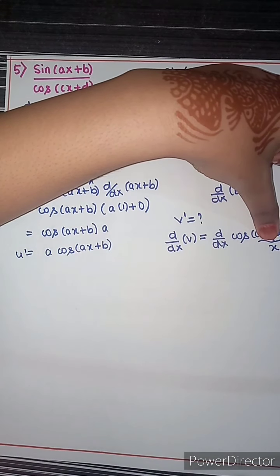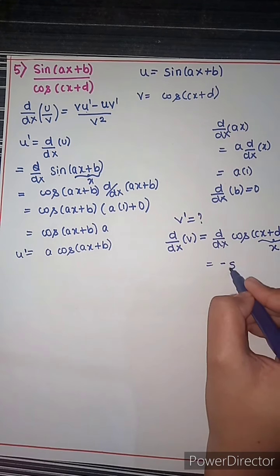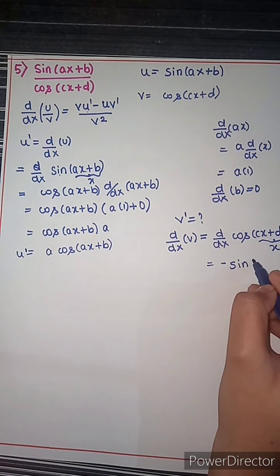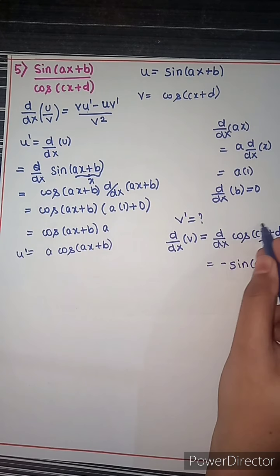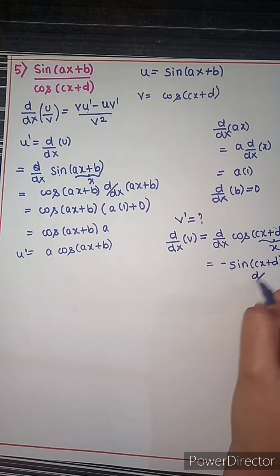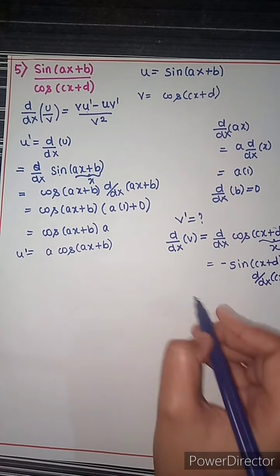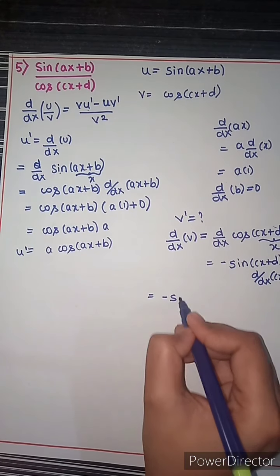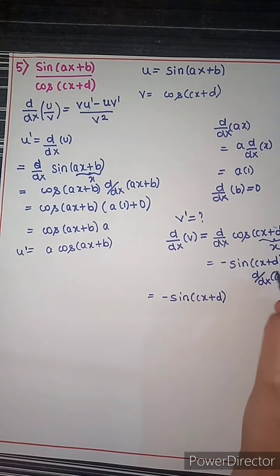So differentiation of cos x is minus sin x. In the place of x we have cx plus d. Now we have to differentiate the angle, so d by dx of cx plus d. Put minus sin of cx plus d as it is.